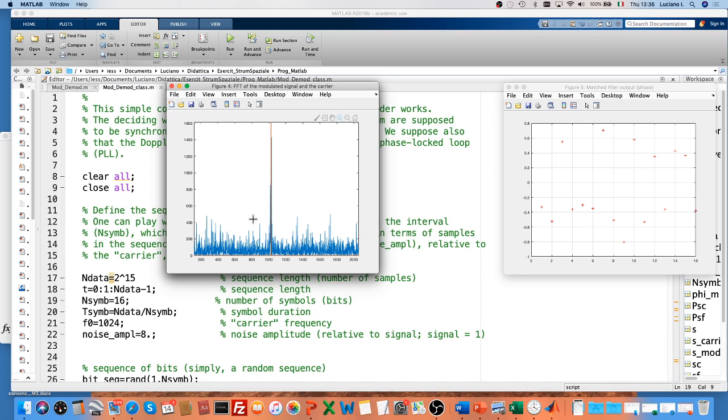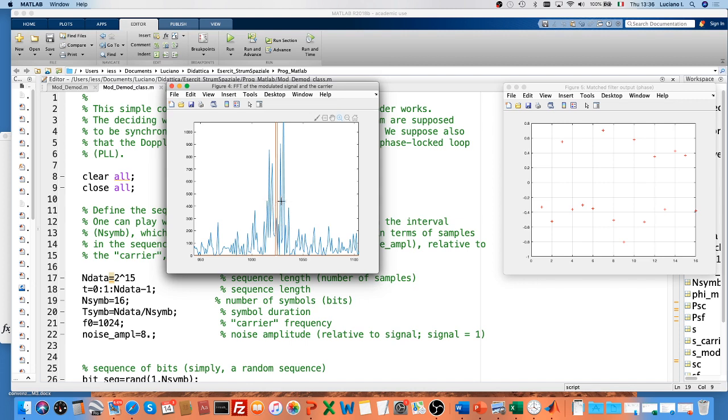Okay? You see, now all these lines are quite stronger because we have amplified the noise. And if we go closer here, we will still find the sidebands, but now the sidebands are narrower. The power is spread over a narrower region of the spectrum because we are modulating at a lower rate.